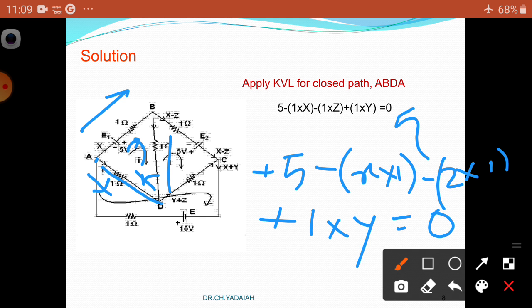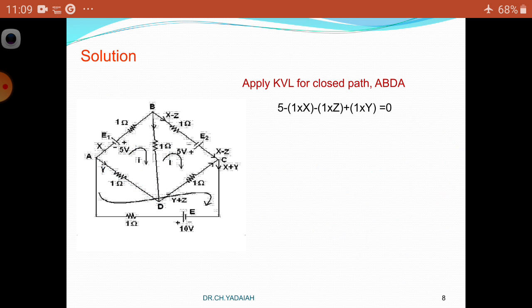Next, from B to D, I into R, where I is Z amperes and R is 1 ohm. Next, D to A, the current direction reverses, so the resistance term is I into R, where I is Y and R is 1 ohm. It is a closed loop, equal to 0. We got the same equation in this case.